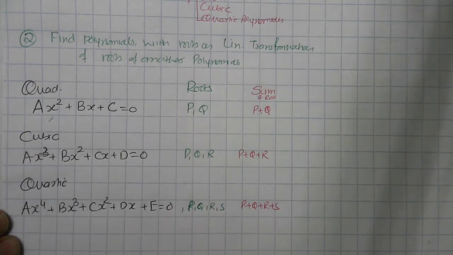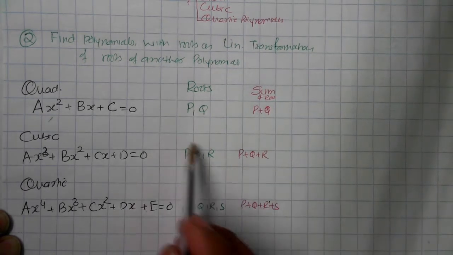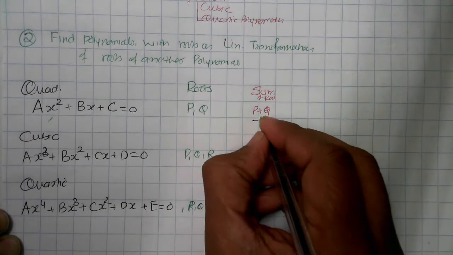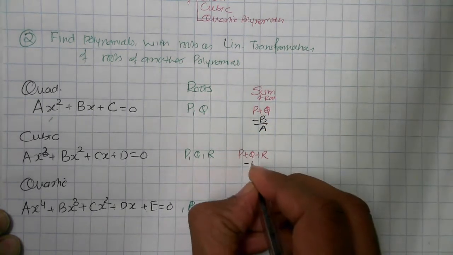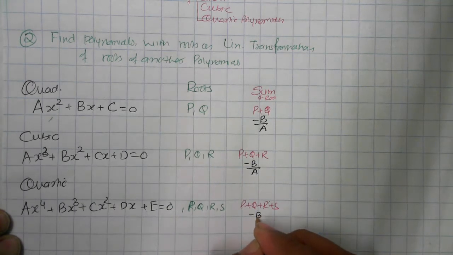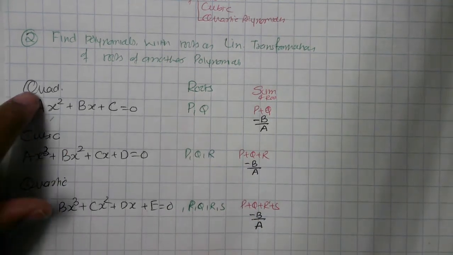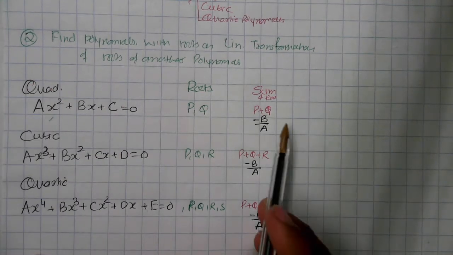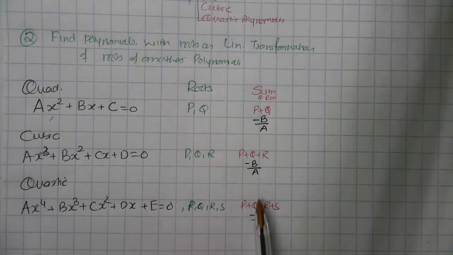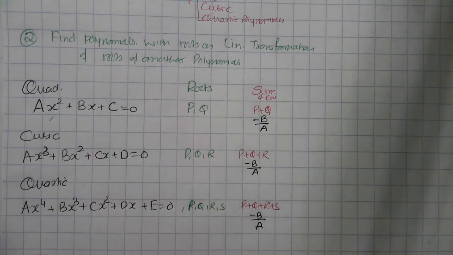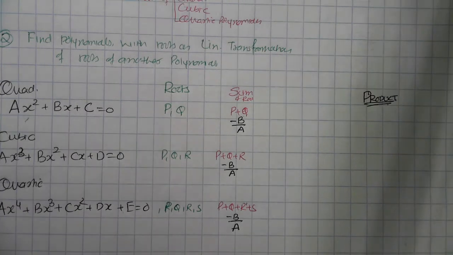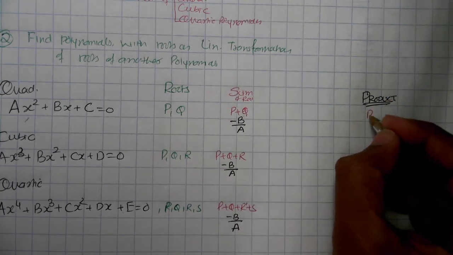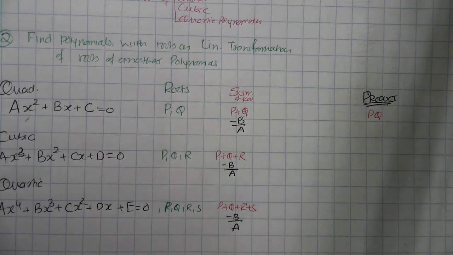I can relate these sums of roots to the coefficients of these terms, and the answer in each case is, surprise, surprise, minus B over A, minus B over A, and minus B over A. So if you can identify your A, B, C carefully, and somebody asks you, don't find the actual roots, but just tell me the sum of the roots, you can just do minus B over A. Now in the simplest case, the quadratic, the product of the roots, which I'll say is P times Q, will be C over A.